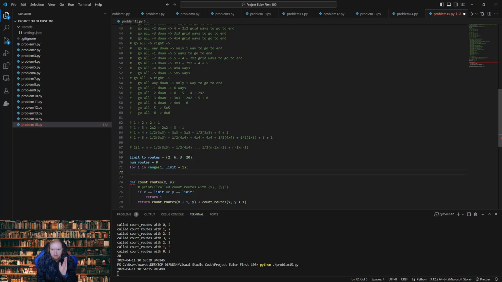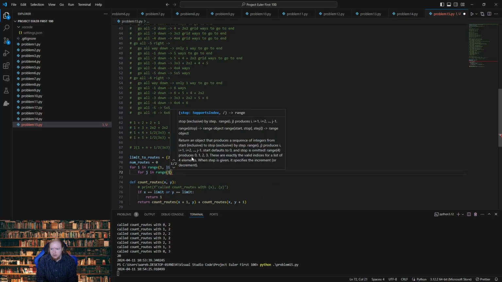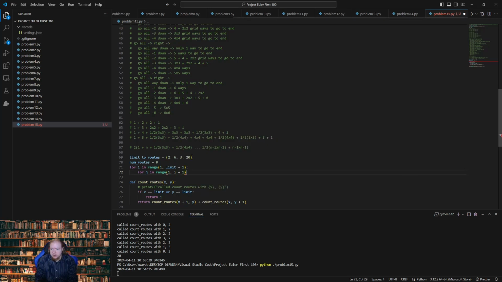let's see, so starting with number 1, it would be 1 plus 1 because there's only those 2 corners, right? So for j in range 1 to i plus 1.